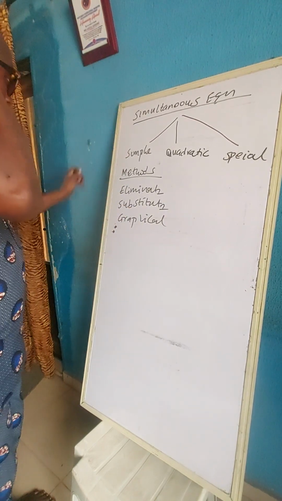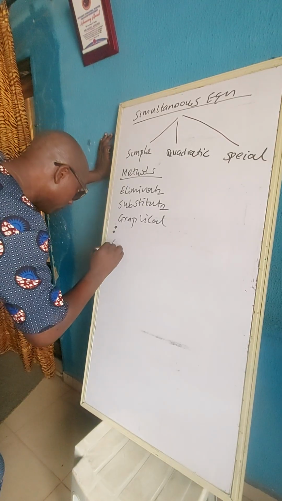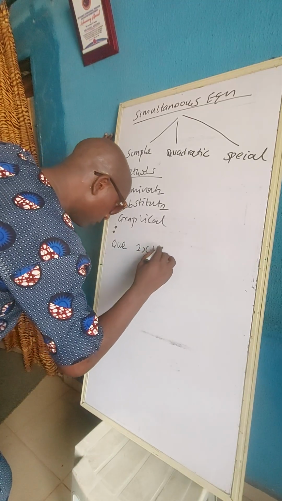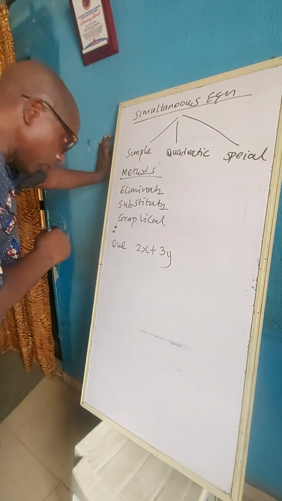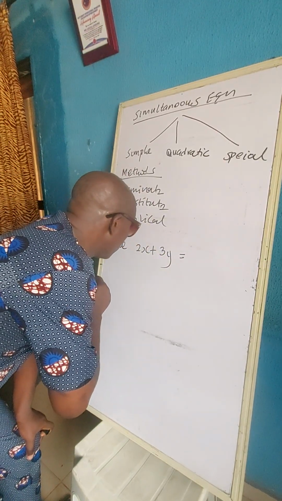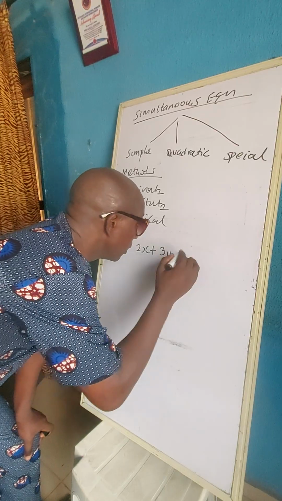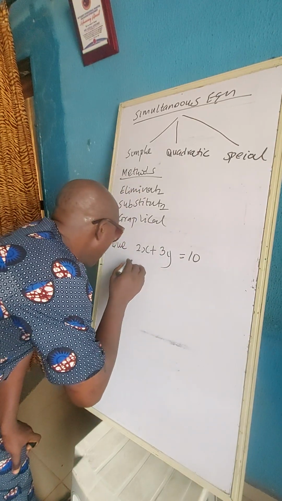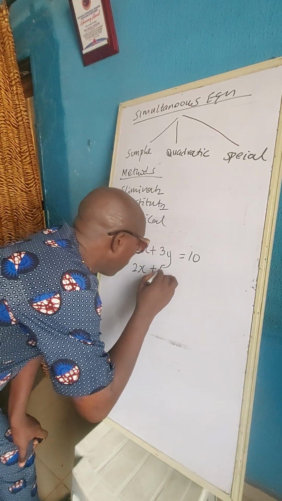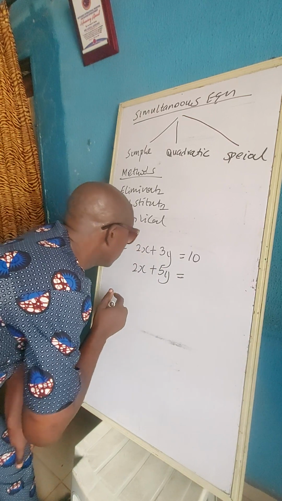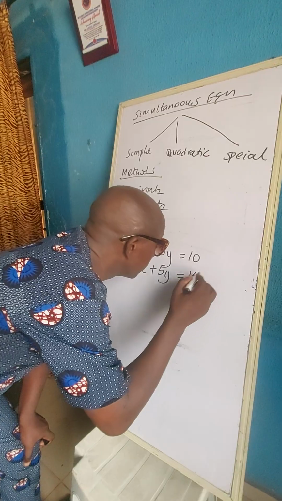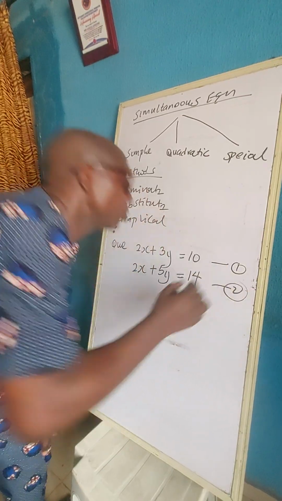Now, let's take the first one, question 1. 2x plus 3y equal to 10. Then we have 2x plus 5y equal to 14. Equation 1, equation 2.